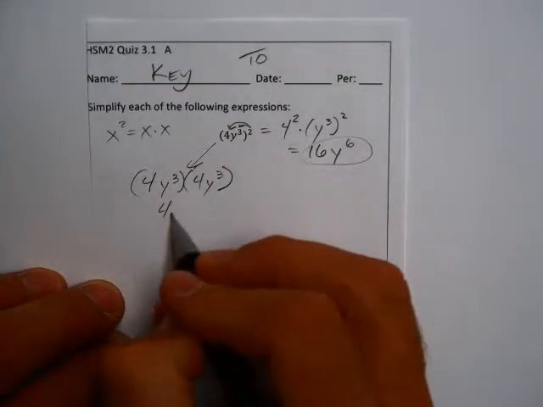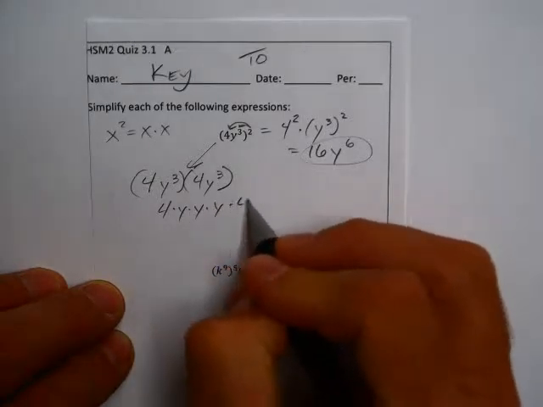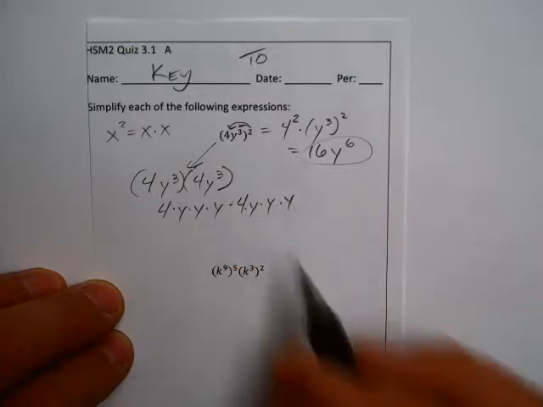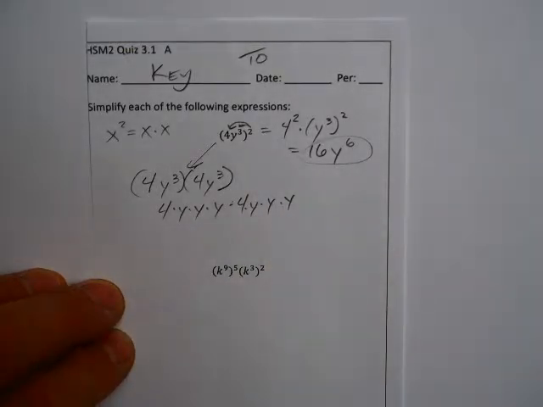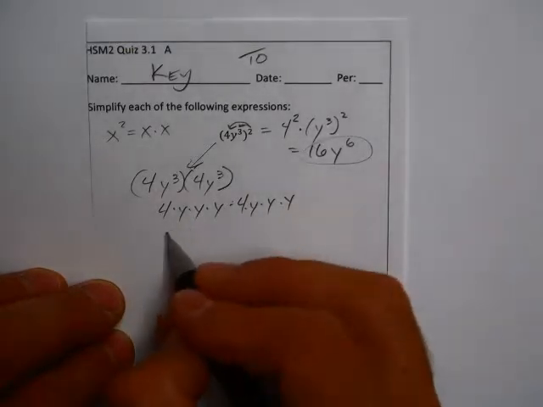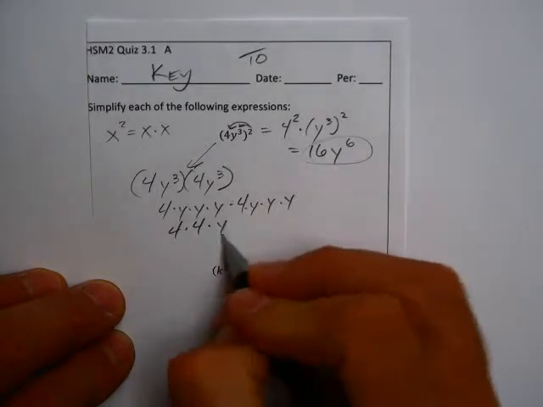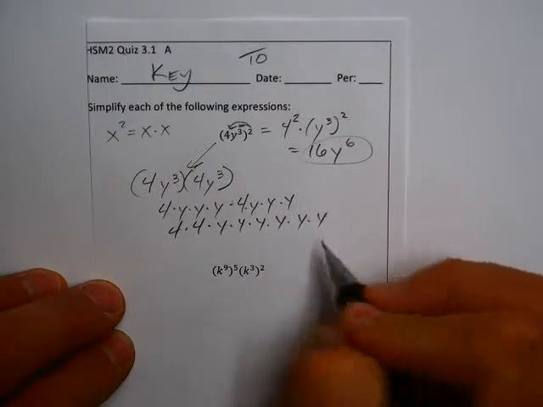So I can rewrite that as 4 times y times y times y times 4 times y times y times y. And order of operations doesn't really come into play much here, because when it's all multiplying, math doesn't care what order you do that in. So I can rewrite that again as 4 times 4 times y times y times y times y times y times y.